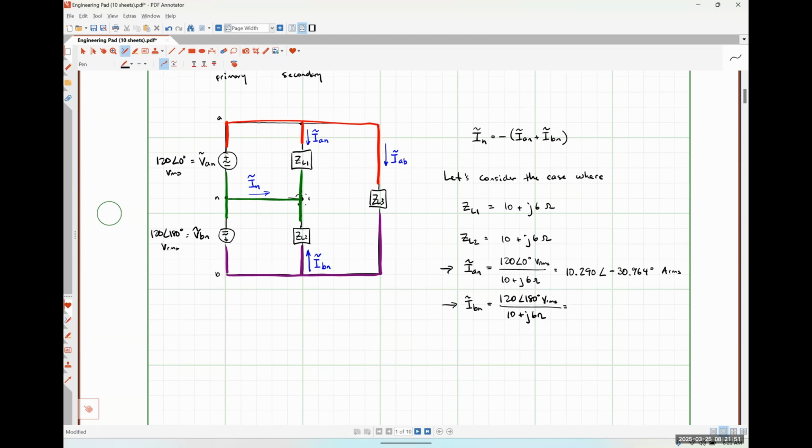And so I get 10.290 with an angle of positive 149.036 degrees.